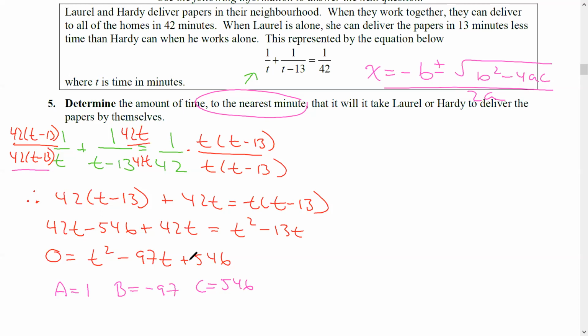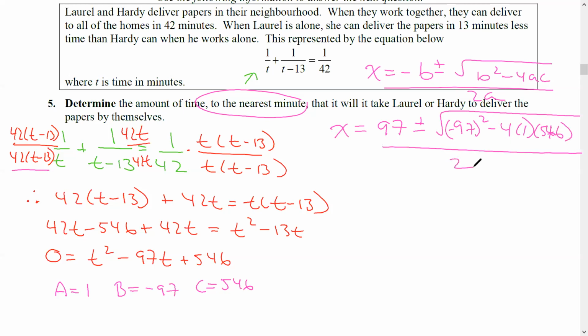So maybe I put this in my quadratic formula wrong? I don't know. Let's find out. So negative b plus or minus 97, negative 97 squared minus 4ac. Oh yeah, I know what I did right now. So I made a silly mistake.